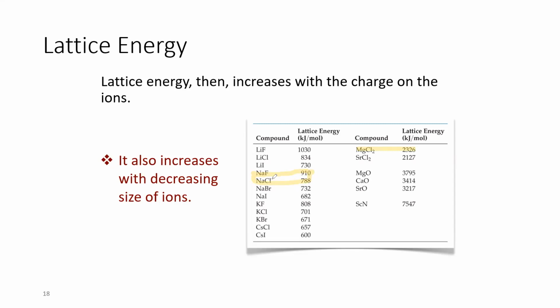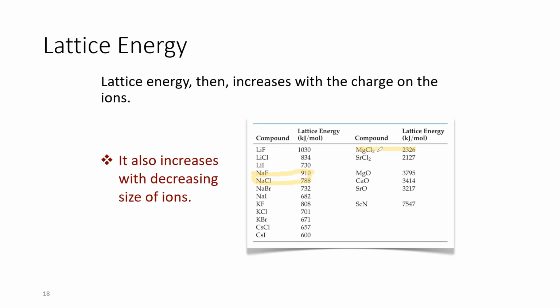So the only thing that's going to be different between them is just going to be that distance on the bottom. But because chlorine is in the third period, fluorine is in the second, the chloride ion is going to be larger than the fluoride ion. So when we look at the interaction between these two, you can think about sodium and chlorine are going to be further apart than the sodium and the fluoride will. So that's why we're just going to see sodium chloride is going to have a slightly weaker interaction there, slightly lower lattice energy.